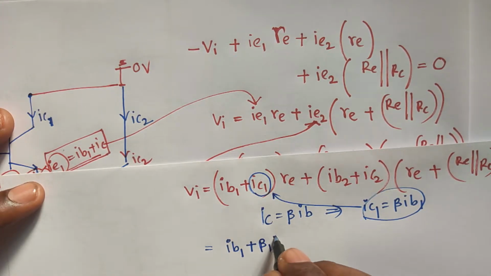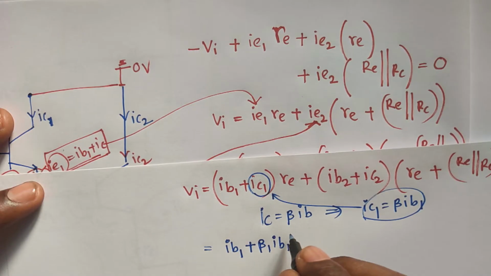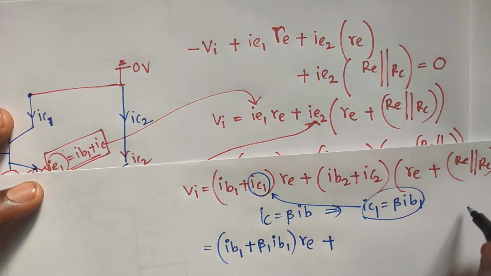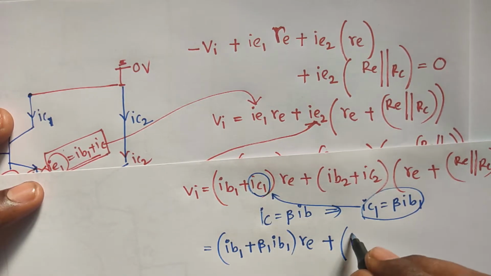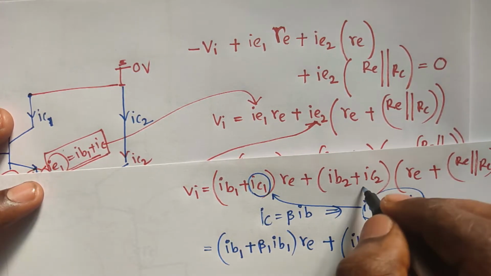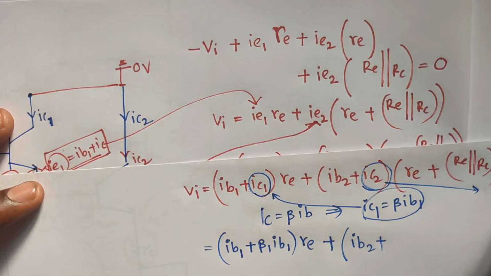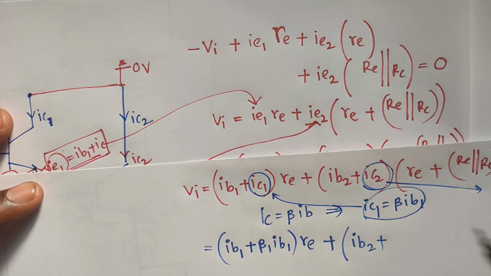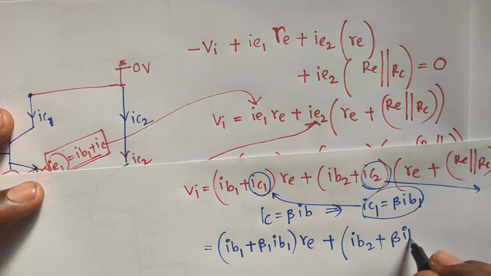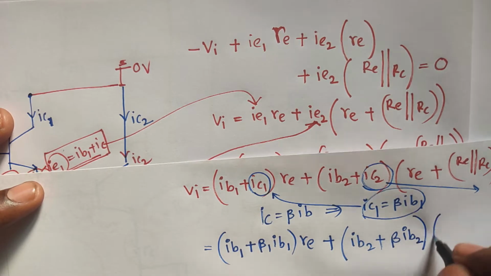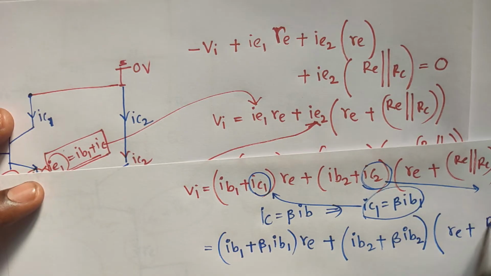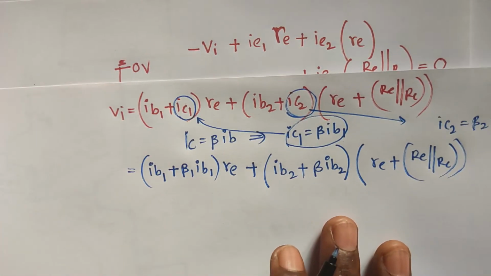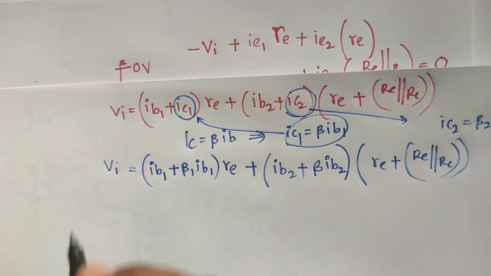Beta 1 into IB1, okay, into RE plus, next IB2 plus IC2. What is the IC2 formula? IC2 is equal to beta 2 into IB2. That is beta 2 into IB2 into RE plus RE is parallel with RC. So that is actual VA.